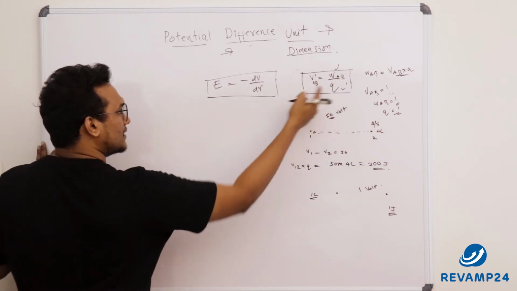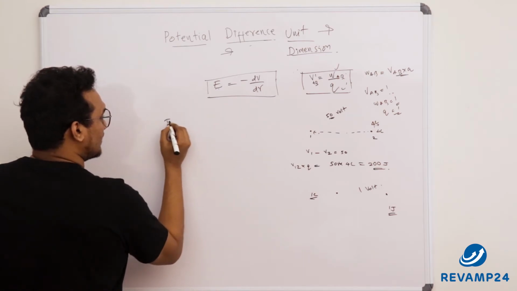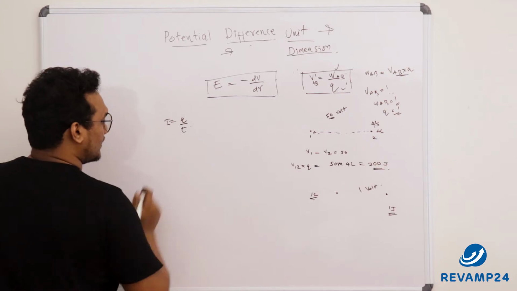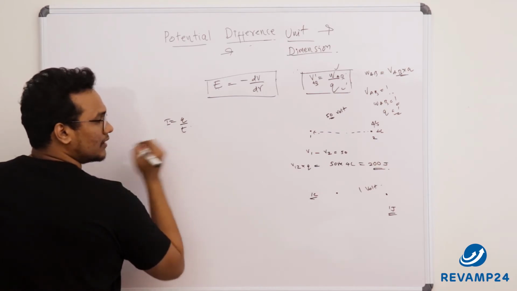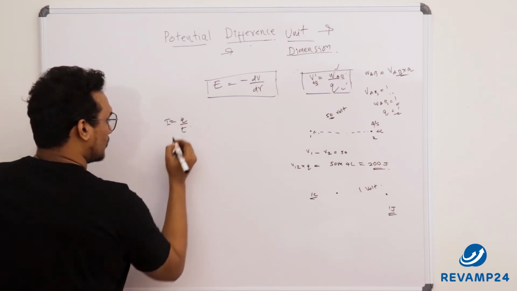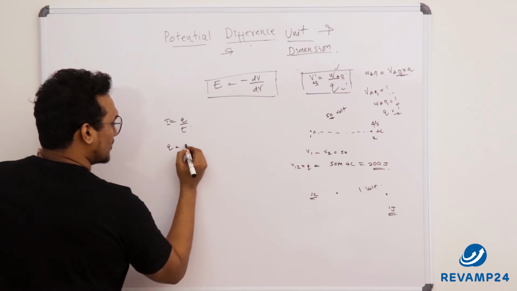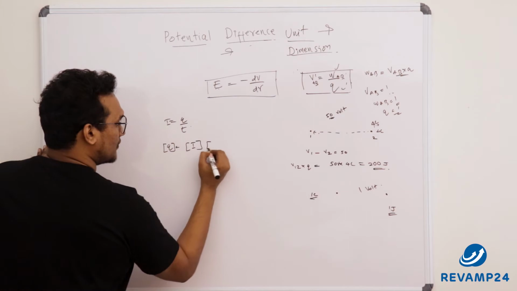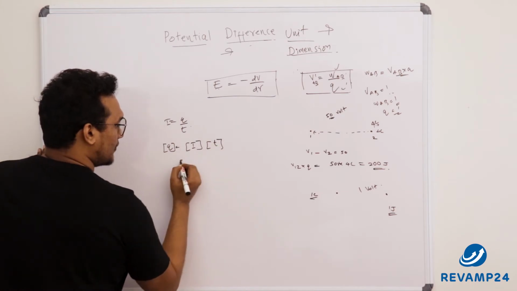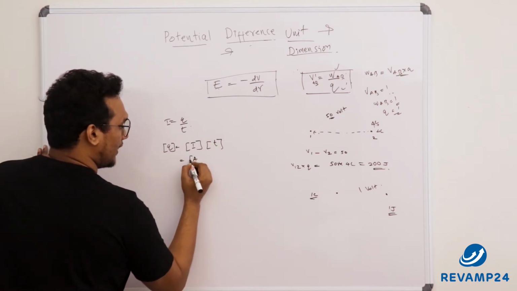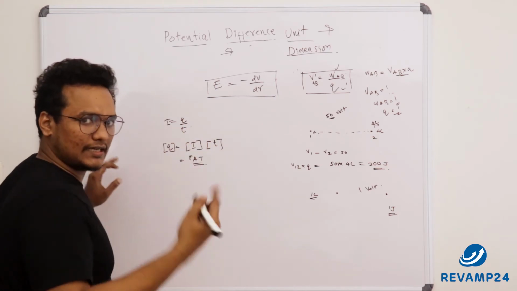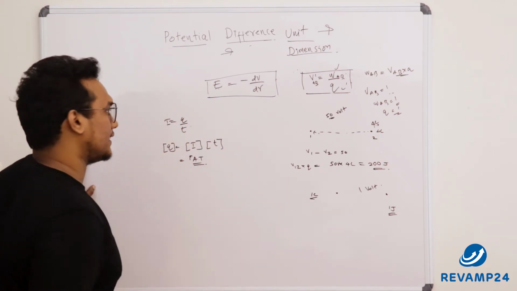We know current is equal to Q by T. The dimension of current is ampere A, and the dimension of time is T itself. So the dimension of Q is equal to the dimension of I into the dimension of T, which is AT.